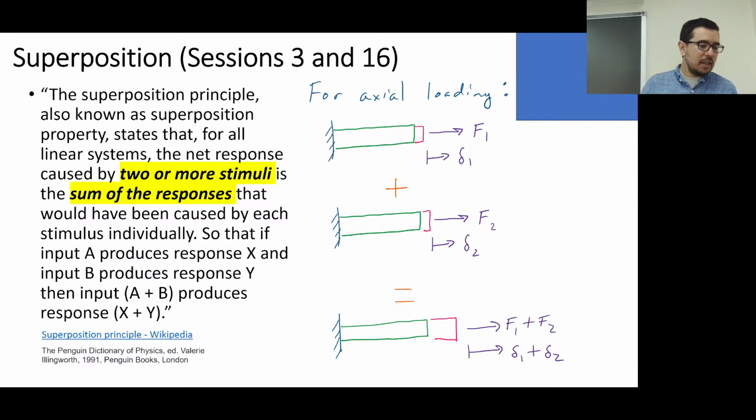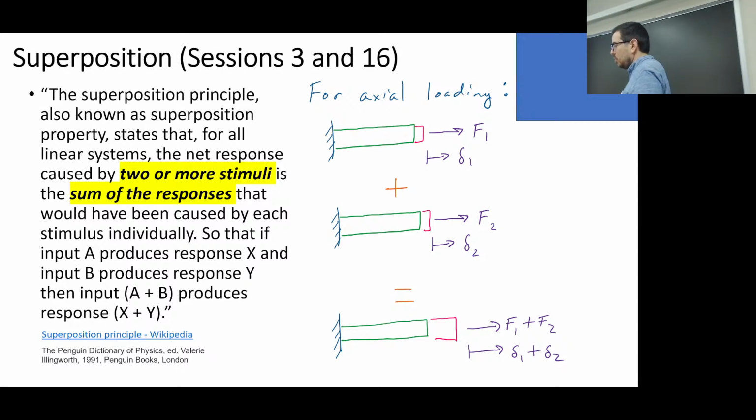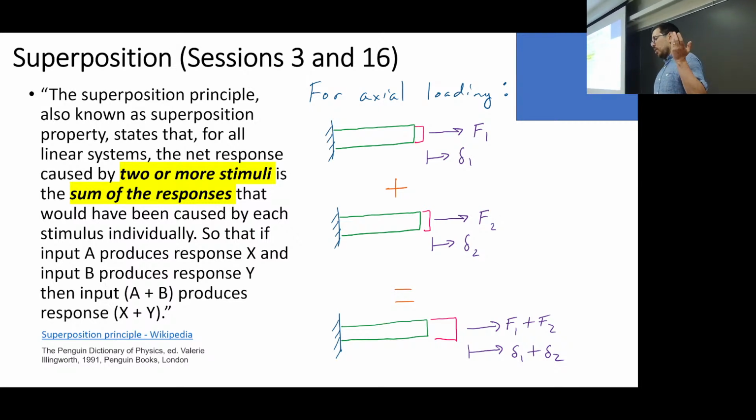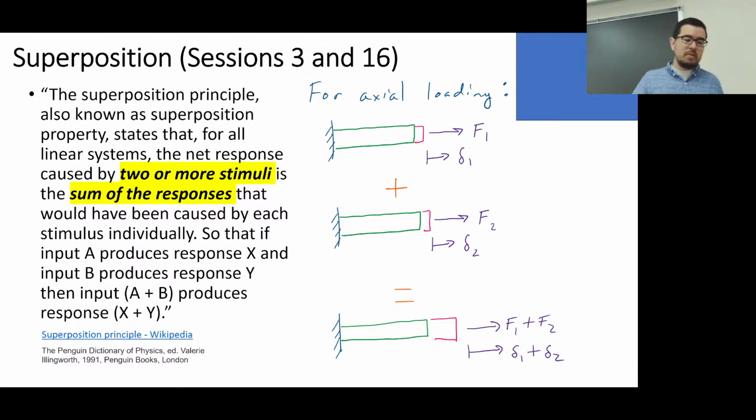Okay. We've talked about superposition in the past, and we can think of going back now to the bars, where you have one force and then you add another force in the same direction, or if it's in the opposite direction, then subtracting from it, but that net force is going to contribute to having displacement.